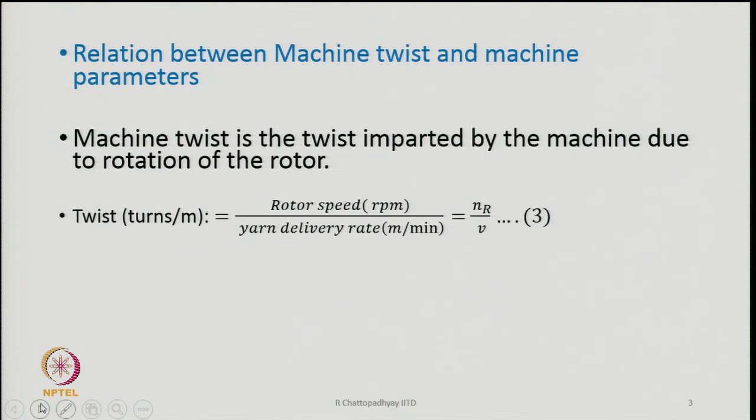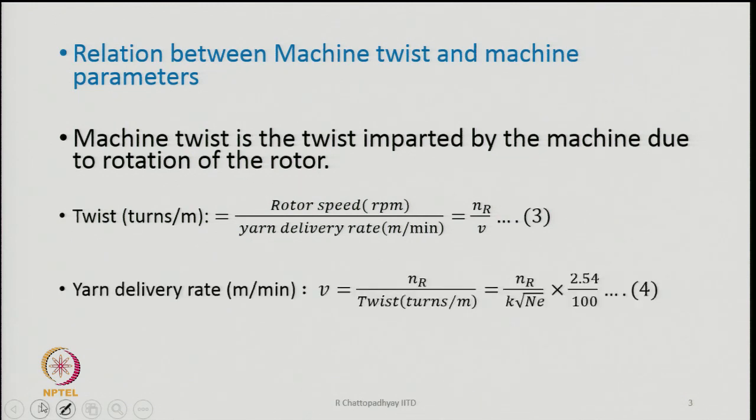So, this is Nr by V, R stands for the rotor, that is rotational speed divided by the delivery rate. Now, yarn delivery rate V therefore becomes Nr by twist in terms of turns per meter.